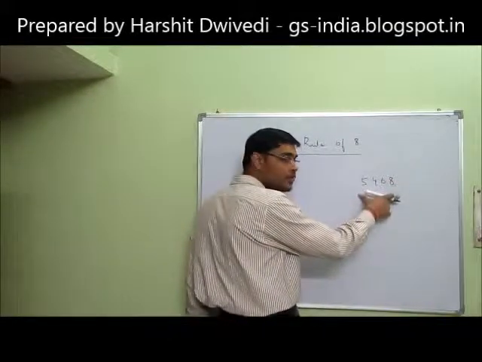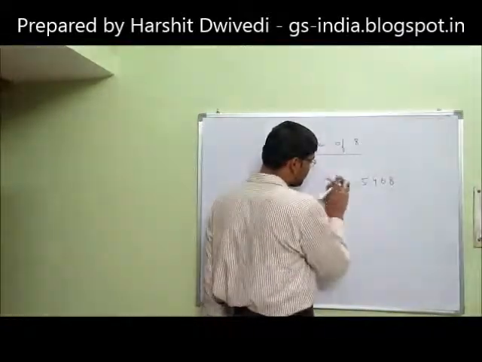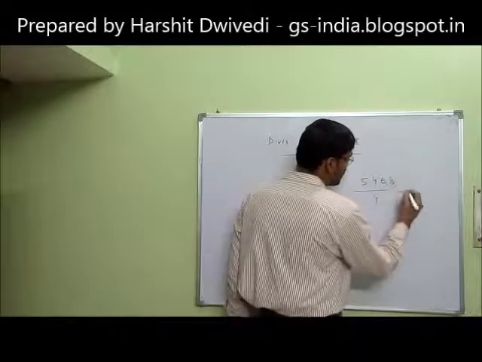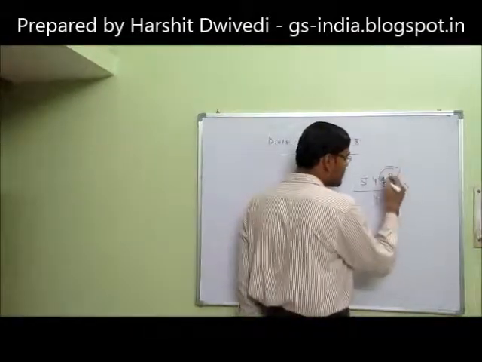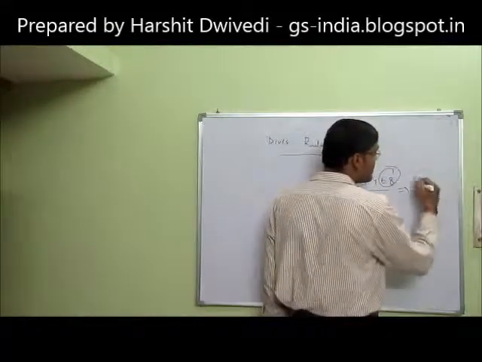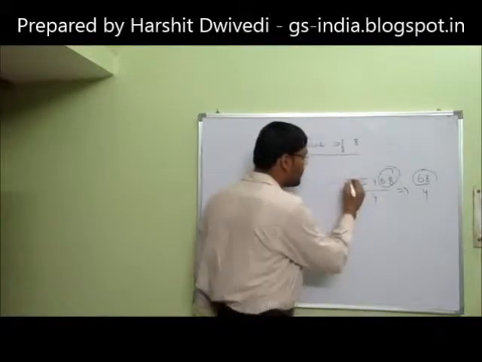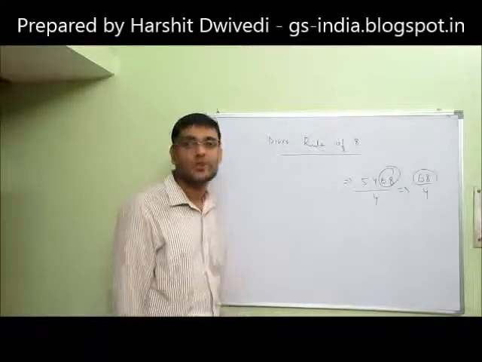To check its divisibility by 4, I don't need to check the whole number. I just take the 68 and check the divisibility of 68 by 4. And 68 is divisible by 4, so the whole number 5468 will also be divisible by 4.